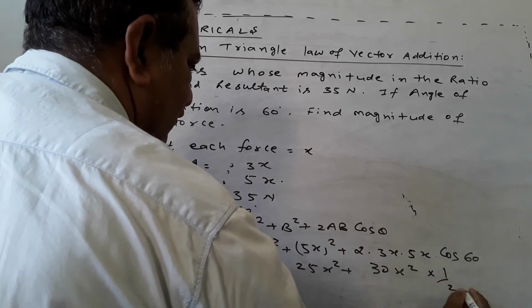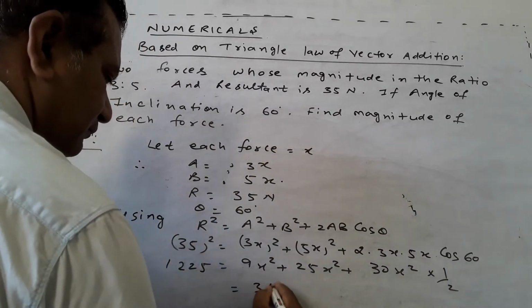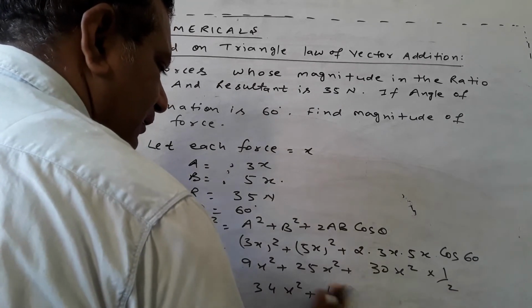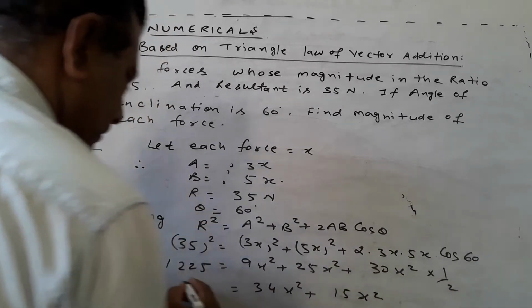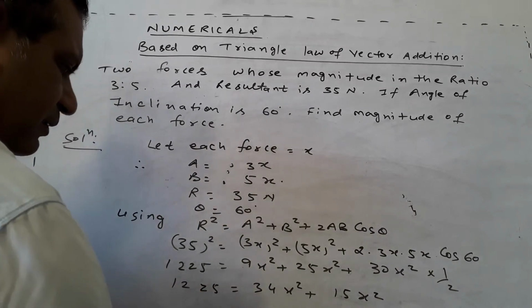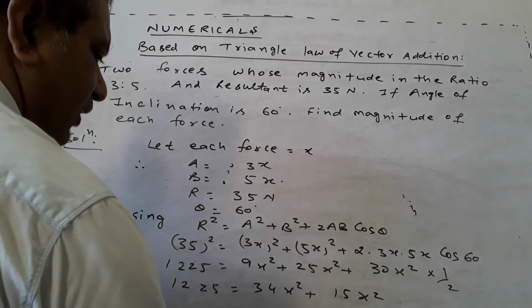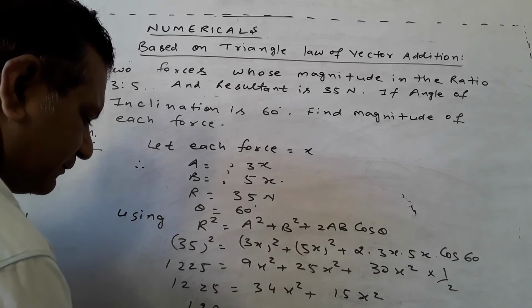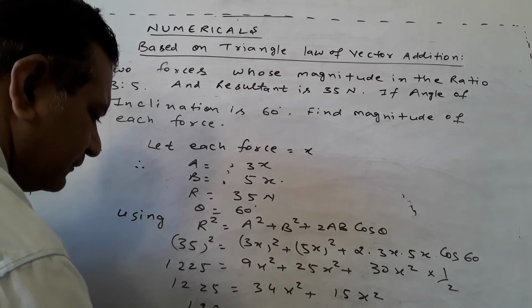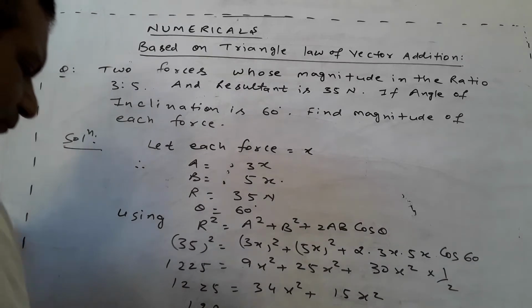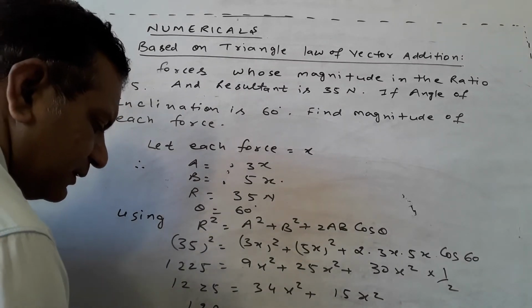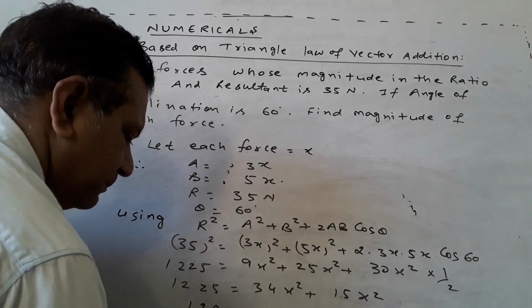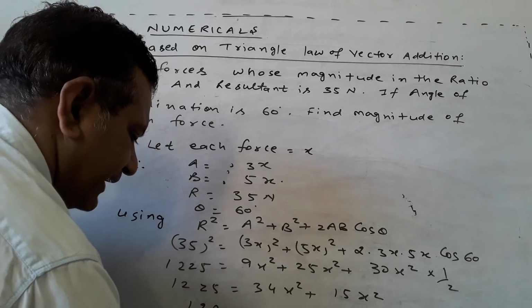Cos 60 is 1 by 2. So 49 x square equals 1225, x square equals 1225 by 49. So x will be 5. Therefore A is 3 into 5, B is 5 into 5.